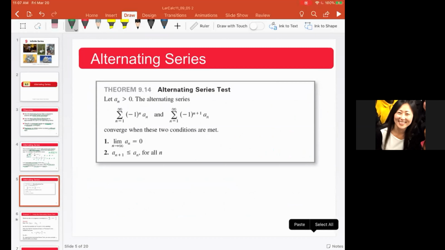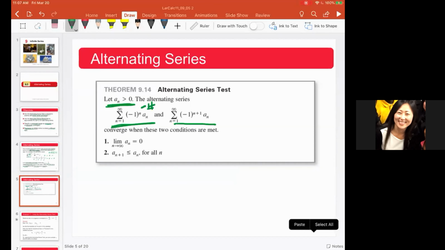All right, so the alternating series test. Again, your infinite series is alternating, either like this or like that. In this case, the first number starts with a negative number.